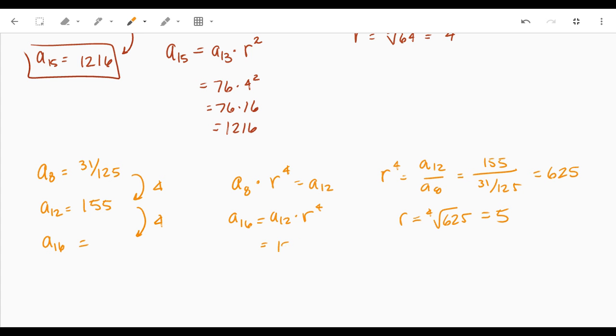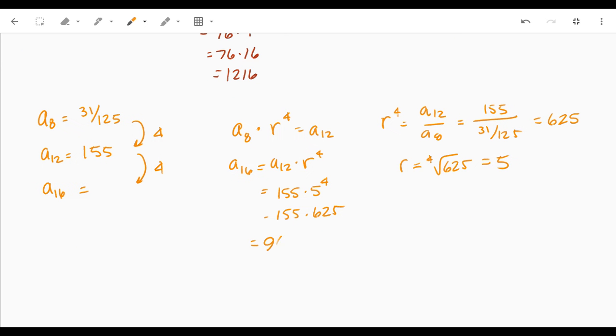So that would be 155 times 5 to the 4th, 155 times 625, and we get 96,875. Okay. Now, we could have done a little bit of a shortcut here when we figured out that to get from here to here was times 625. We could have also just done it here. Since the step size was the same, the multiplier would be the same between them. Okay.